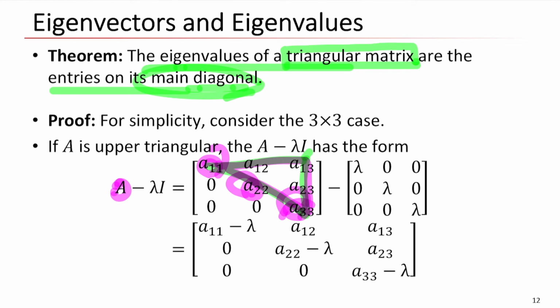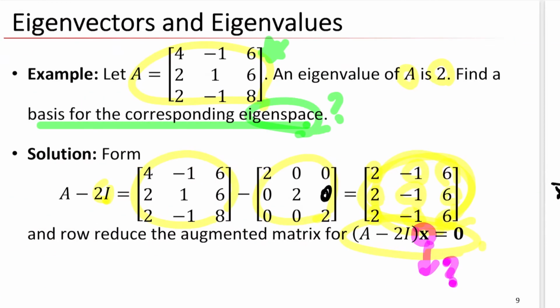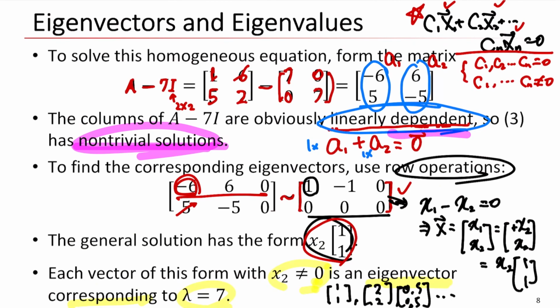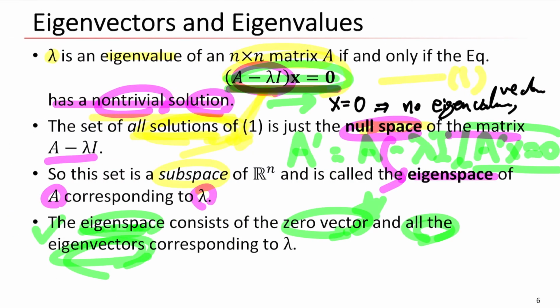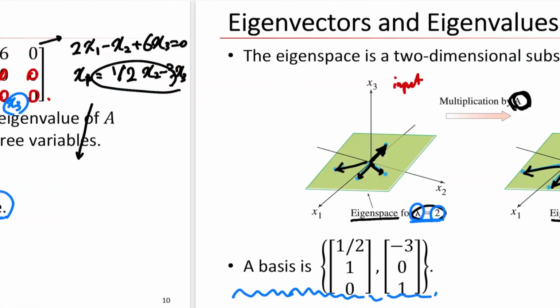Okay, let's prove this one. For simplicity, let's consider the 3x3 case. To understand the eigenvalues, we can use this equation: A minus lambda I times vector x is equal to 0.